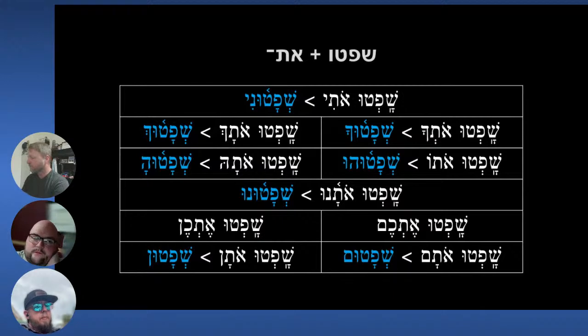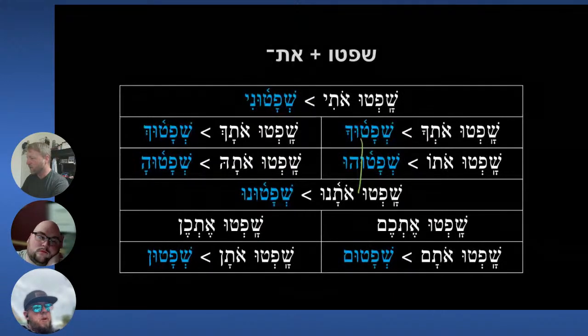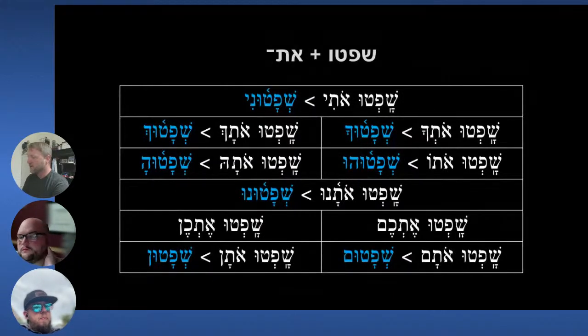Okay, when we have the vowel shfatu, we can't say shfatu u. So we put on there hu, and that hu allows us to separate the syllables. Shfatuhu, they judged him. Shfatuha, they judged her.